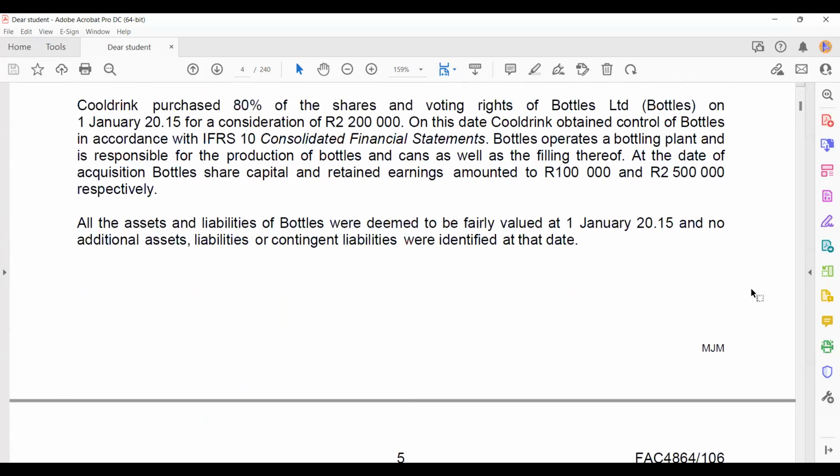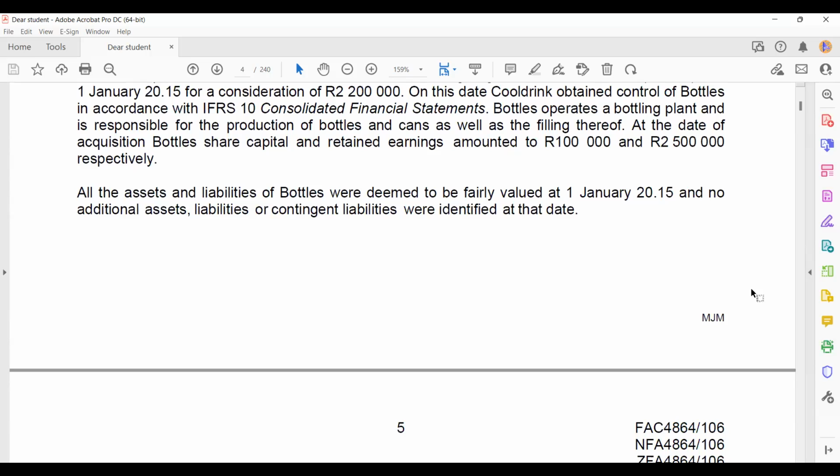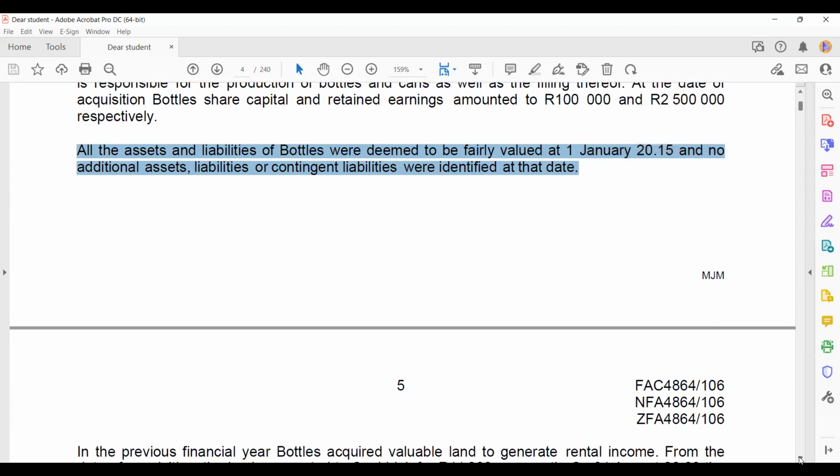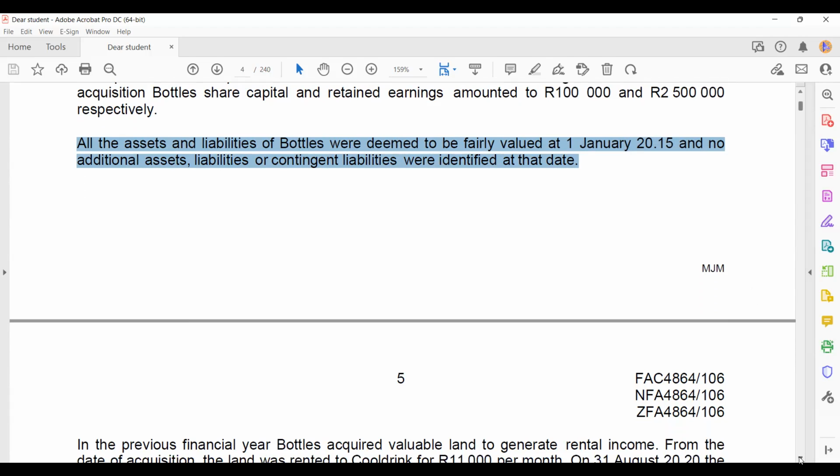So what's important, we want to identify any group adjustments at acquisition and any group adjustments relating to intercompany transactions. So here we can see all assets and liabilities of bottles were deemed to be fairly valued at acquisition. Okay, so that means there are most likely no group adjustments relating to at acquisition transactions.